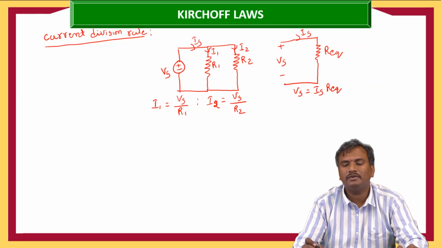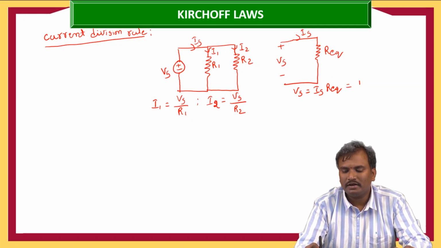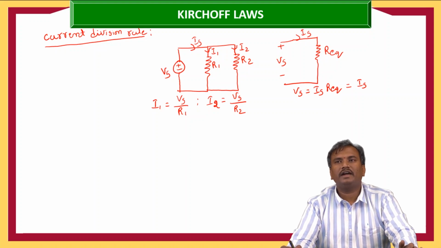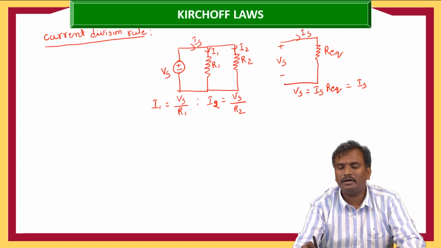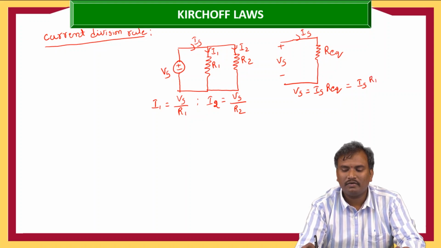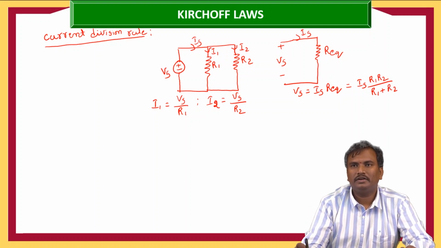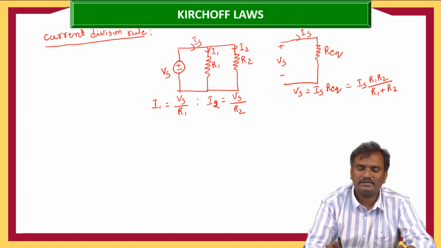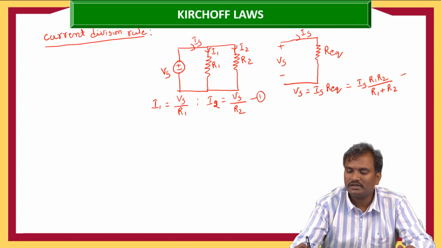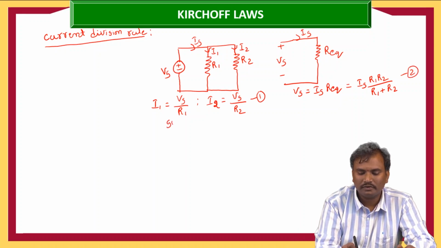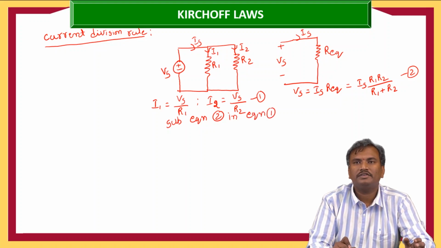When two resistors are connected in parallel, R equivalent is R1 R2 by R1 plus R2. Let us consider this as equation number 1 and this as equation number 2. Substitute equation 2 in equation 1.